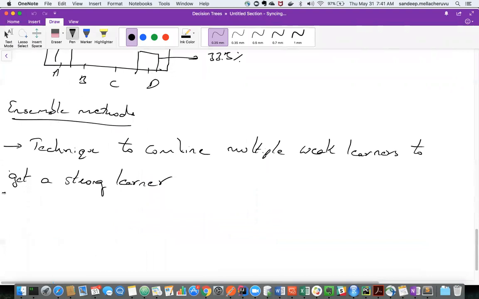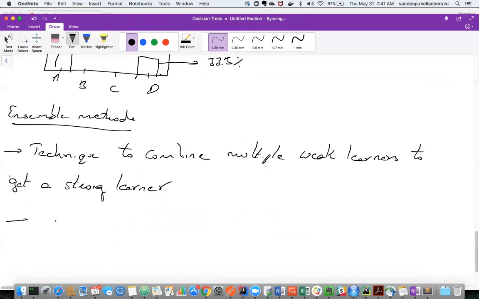So to do that, what we do is, we write it as a separate section, steps. To do this ensembling, what are the steps we need to follow to finally create a final random forest model?